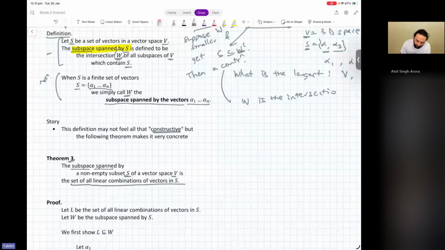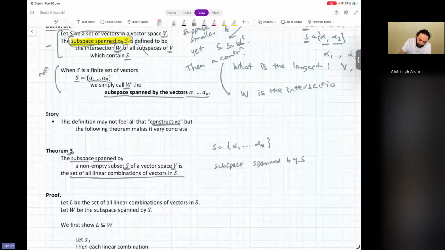The subspace spanned by S, this object that we defined above, one can characterize as follows. This is just the set of vectors c1 alpha 1 plus up to c_k alpha k, where c1, c2, and so on are just scalars in the field.